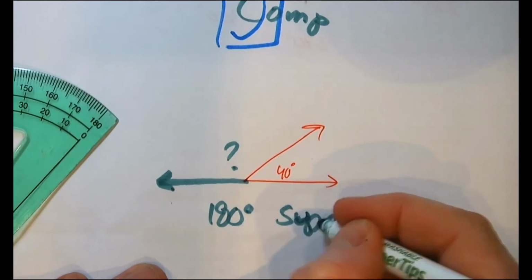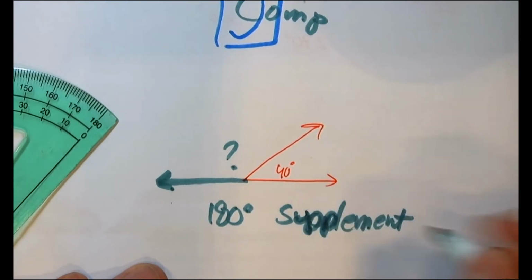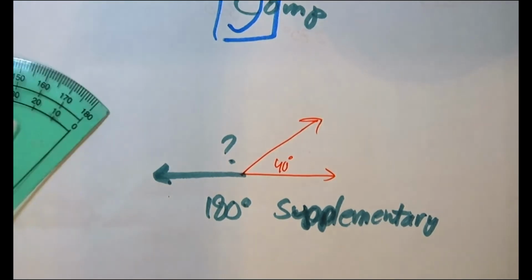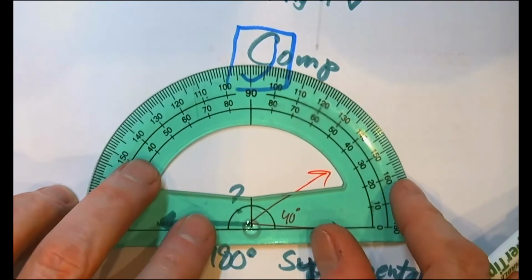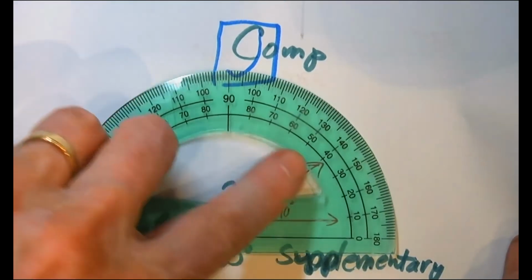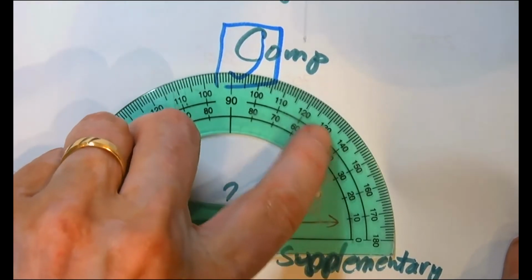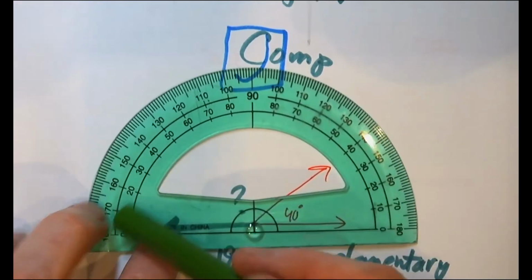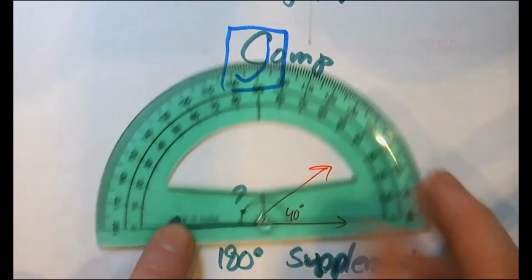That's S-U-P, not supper, but supplement or supplementary. And in fact, if you look at any protractor, you see the 40? Oh, there's a glare on it right there. You see the number right next to it? These two numbers always add to 180. That 140 is if I went all the way the long way.